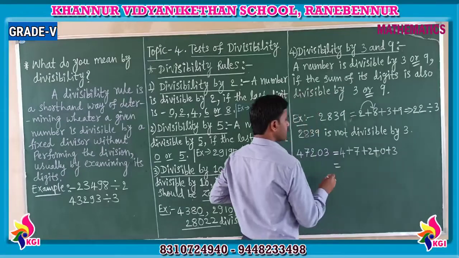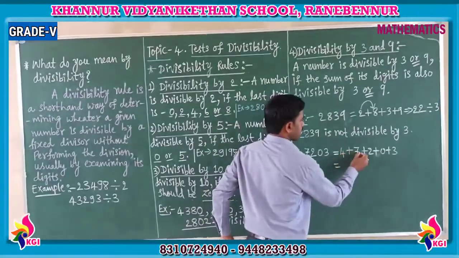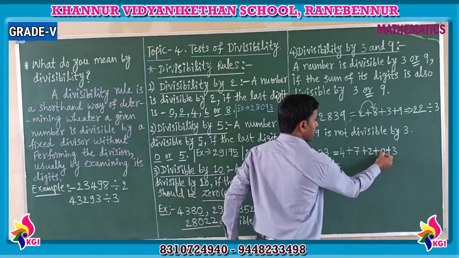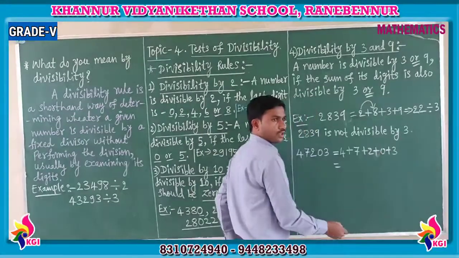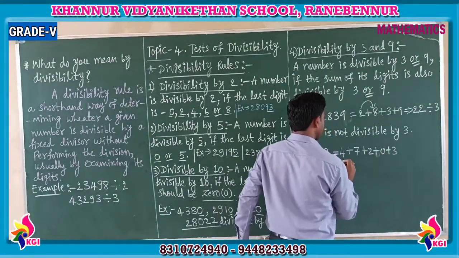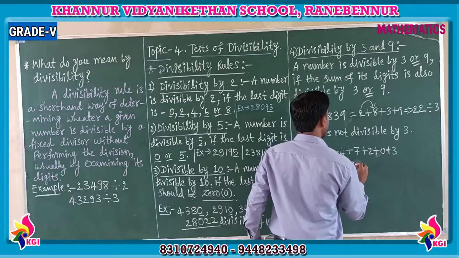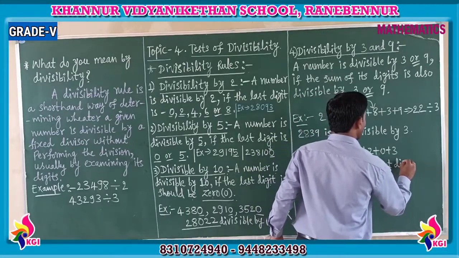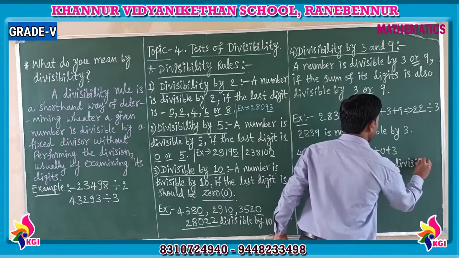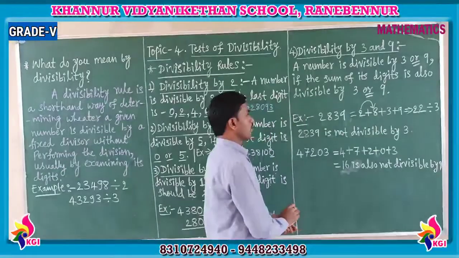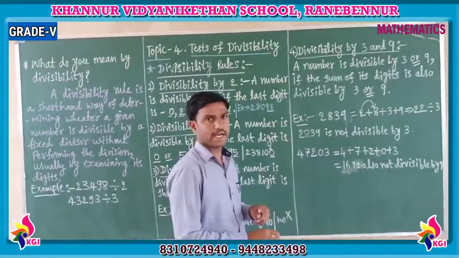What is the sum of these 5 digits? 4 plus 7 is 11, 11 plus 2 is 13, 13 plus 0 is 13, 13 plus 3 is 16. 16 is also not divisible by 9.